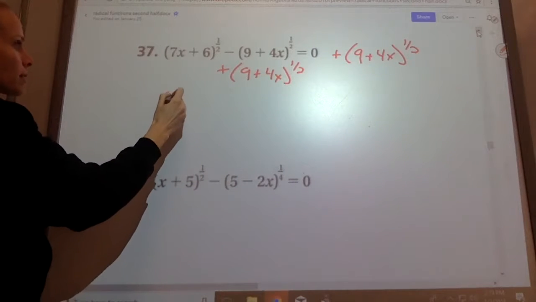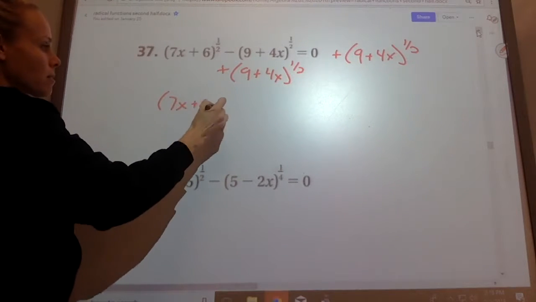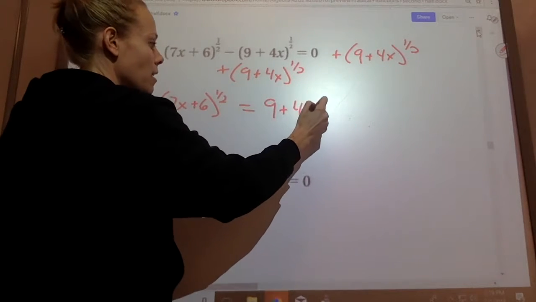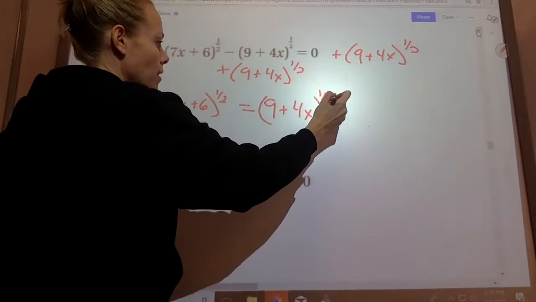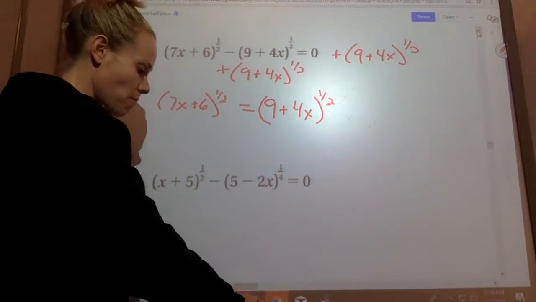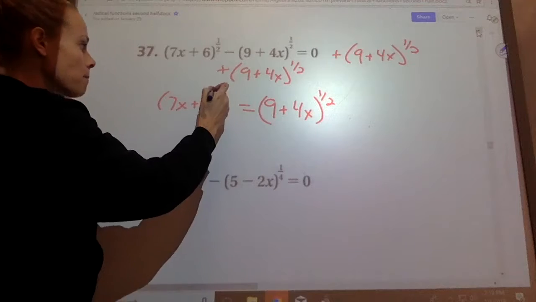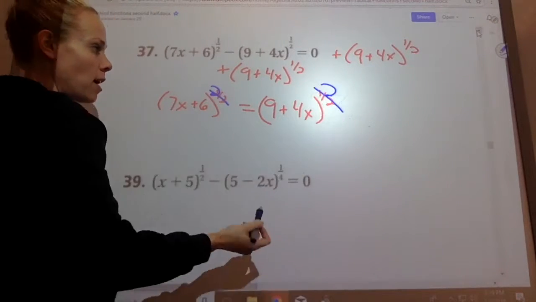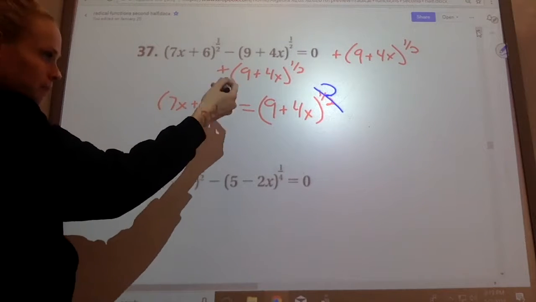So I get this. I get 7x plus 6 to the 1/2 equals 9 plus 4x to the 1/2. Okay? So again, I'm going to raise both sides to what power? Squared. Because that's going to cancel that off, because 1/2 times 2 is 1.